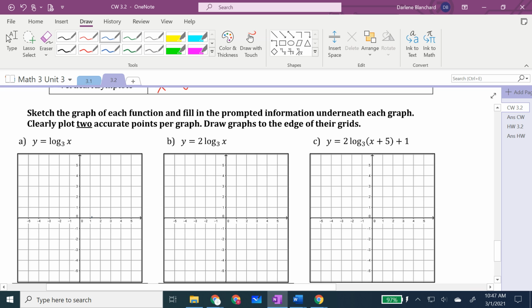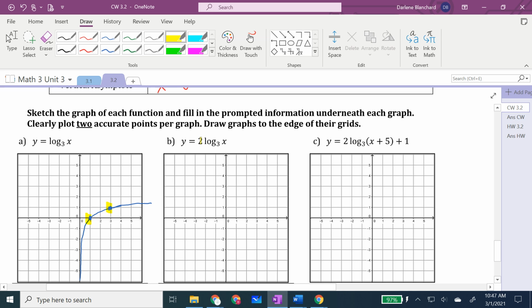Log base 3 has x-intercept of 1. And when y is 1, we had to put the base in to get out the y value of 1, and then asymptotes. We're going to follow these particular 2 points as we go from the stretching and then to the movement.